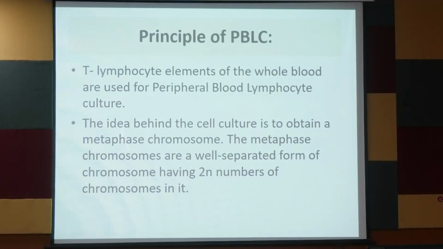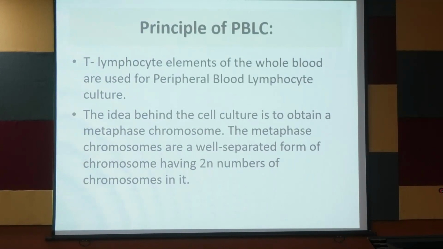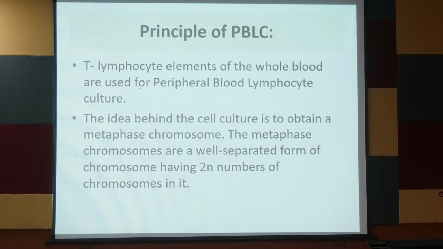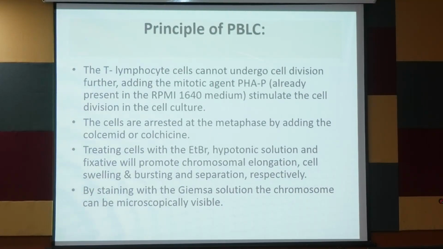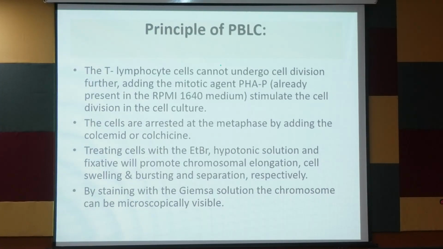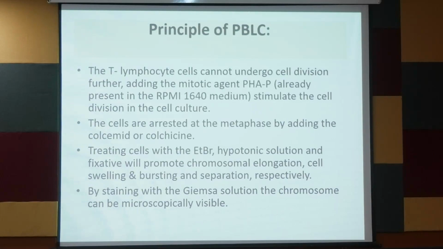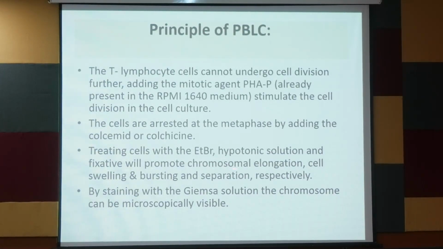Then the idea behind it is we have to get these metaphase chromosomes, and these metaphase chromosomes have to be dressed properly by taking some kind of growth stimulant, which you put in some culture media. Then you have to arrest it by adding something at a particular point, and then dress it properly, nicely dressed, suited, tied, boots up, and put it into these particular positions. When it is properly visible, then you burst open and stain it and see it under the microscope.